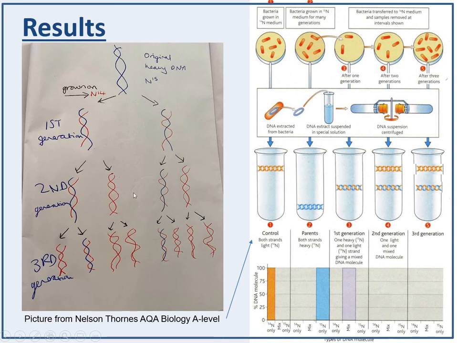The second generation, half of it went to the middle and half of it went to the top, because half of it was completely light, because they can only make new strands out of nitrogen-14 now. And then in the third generation, they found that there was less of a percentage of the middle band and more of a percentage of the lighter band.